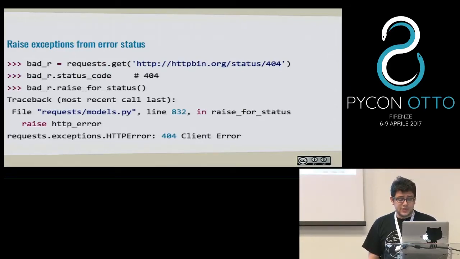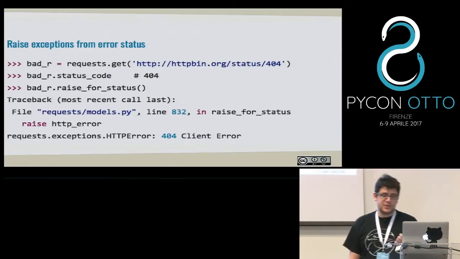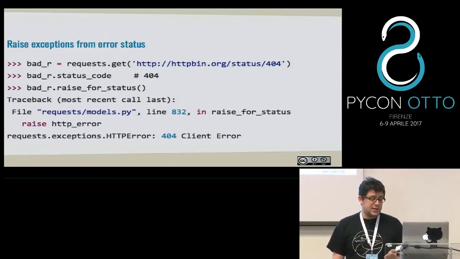This is a very useful thing. In case you receive a bad response, in this case a 404, the resource does not exist, you can use the raise_for_status method that basically does this. If the response is okay, it does nothing. So you just proceed with your source code execution.